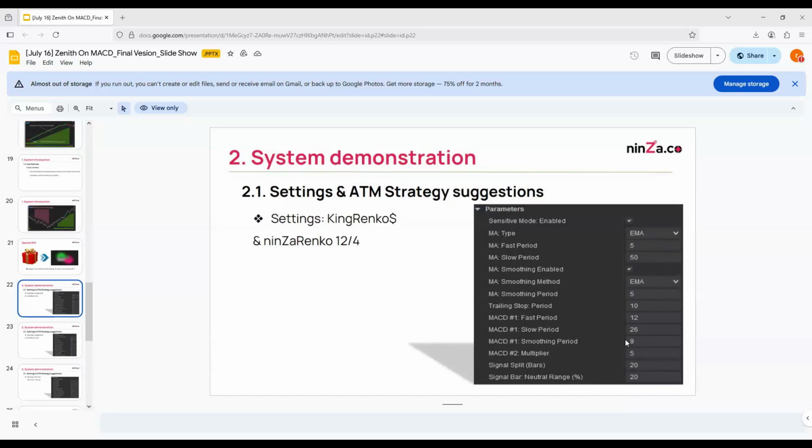So you can still use the chart settings from today, tomorrow, and then as you see slowly market conditions change, you will tweak these settings a little bit. Probably not every day. There's no need to do this every day, but I imagine every couple of weeks you would need to tweak some settings.